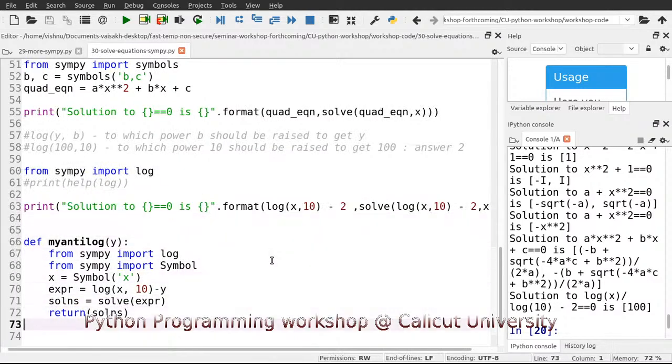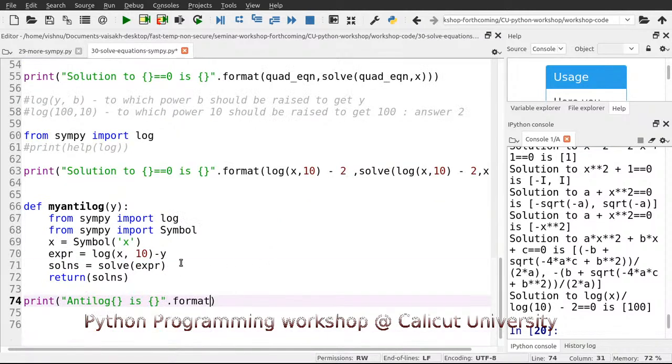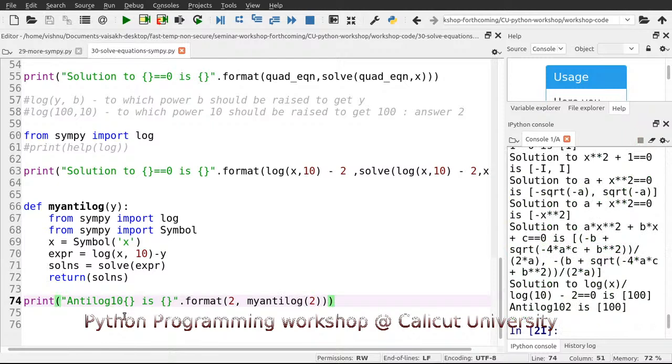Let's try to see that. Anti-log is, maybe we can say that anti-logarithm to the base 10 of 2 is, we should put a bracket also to make it neat.